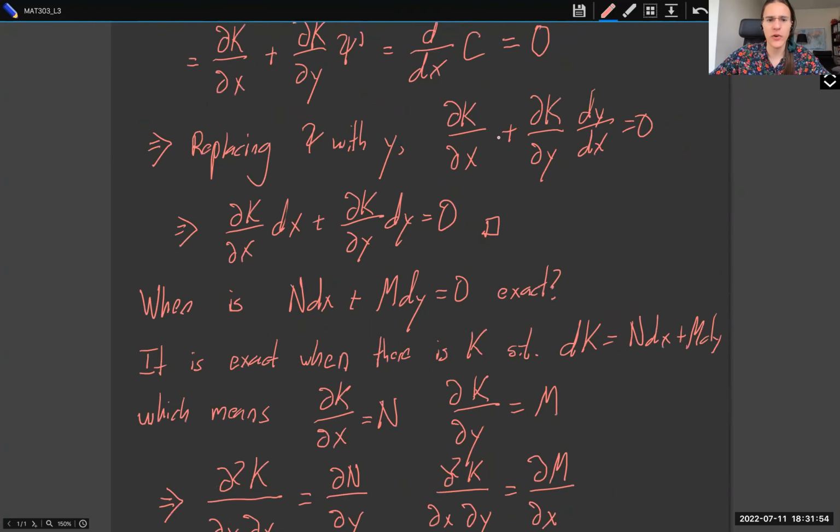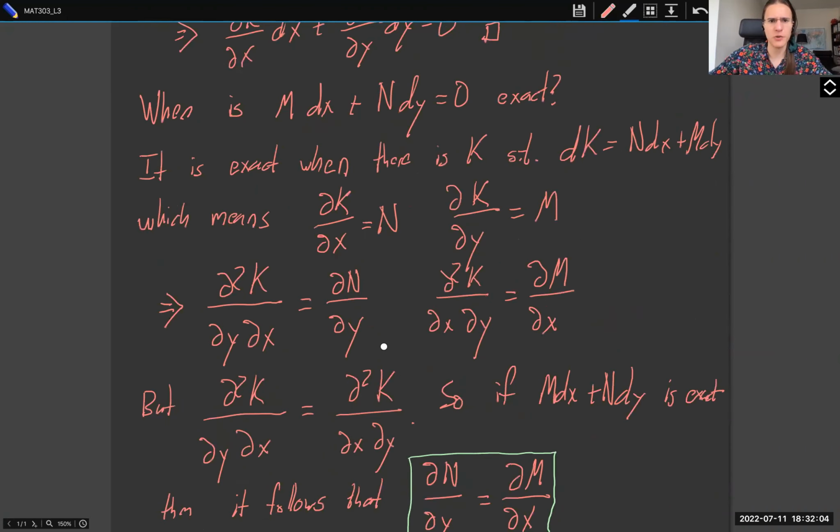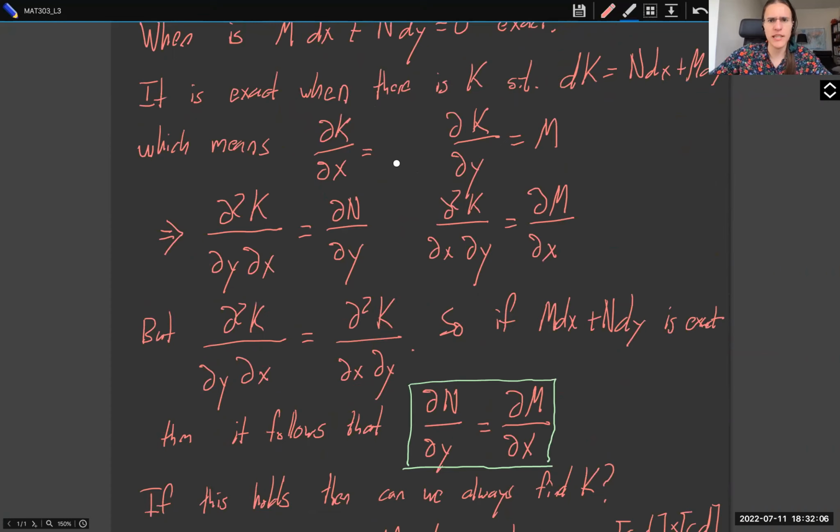So I'm just going to correct that right now. I'm going to replace all instances of m with n, just to remove the confusion. So this is actually m and this is actually n.